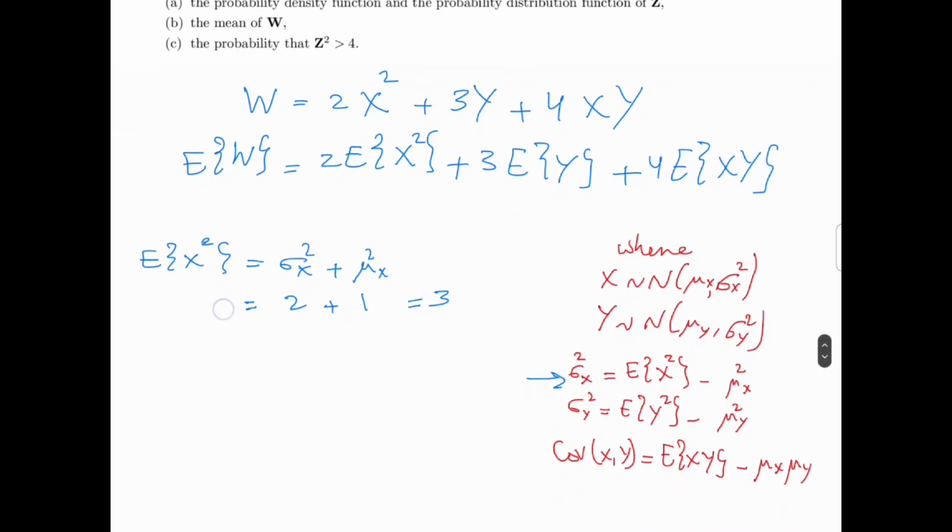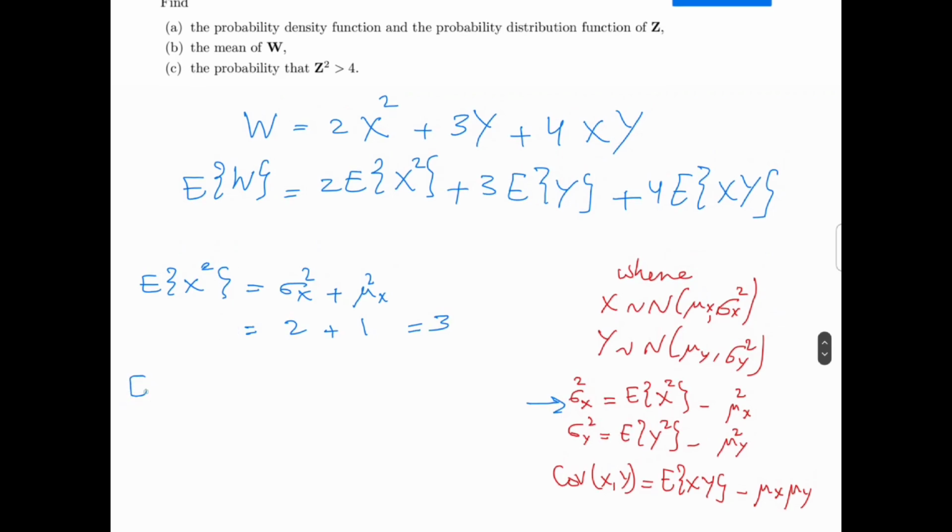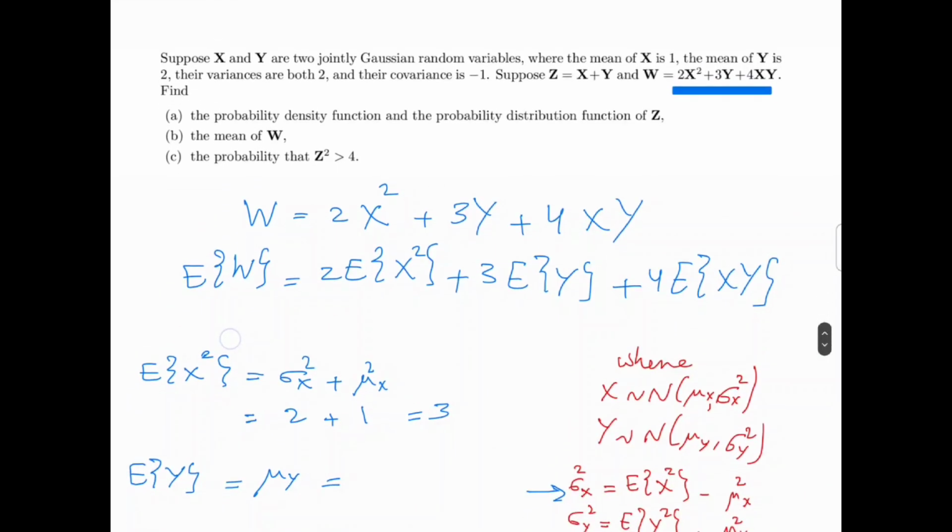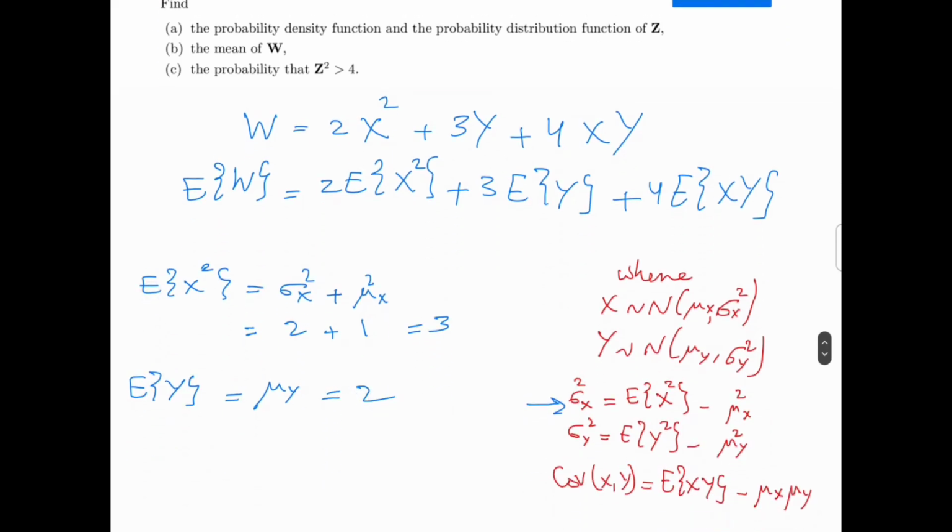All right. E of y, the expectation of y, is just mu y, which is equal to 2. And the expectation of x times y, the correlation of the two variables x and y, we can calculate from here: covariance xy plus mu x times mu y.